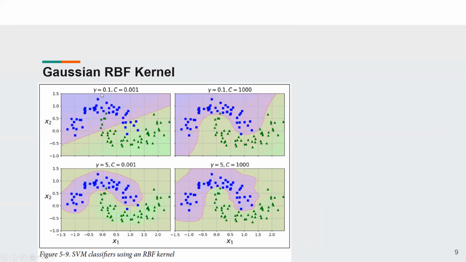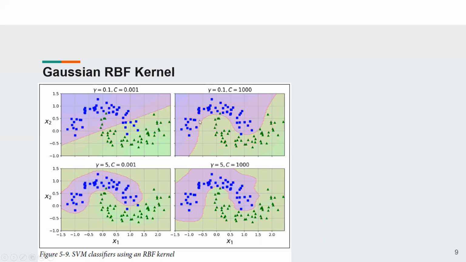Compared to when gamma is small, it's really just a linear line. So when gamma is bigger, you're running the risk of overfitting. In that case, you want to reduce gamma for the same level of C.